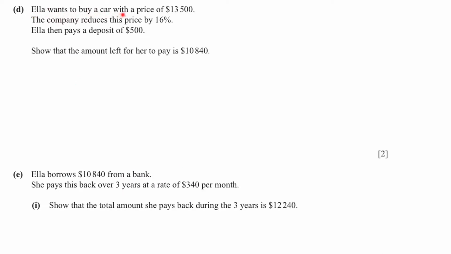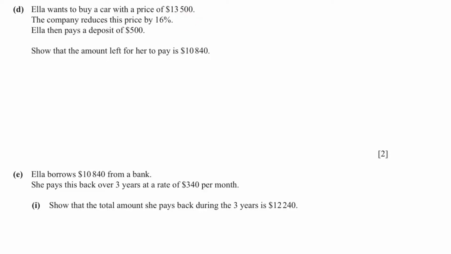Ella wants to buy a car with a price of $13,500. The company reduces this price by 16%. Ella then pays a deposit of $500. Show that the amount left for her to pay is $10,840. There are two ways to solve this question. One way is find 16% of 13,500 and that amount subtracted from 13,500.